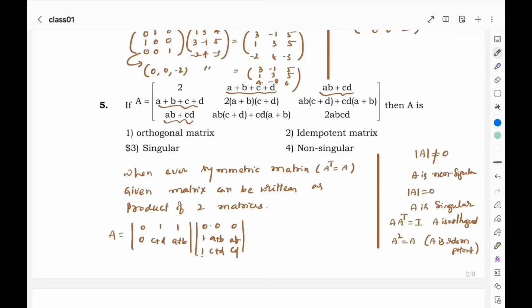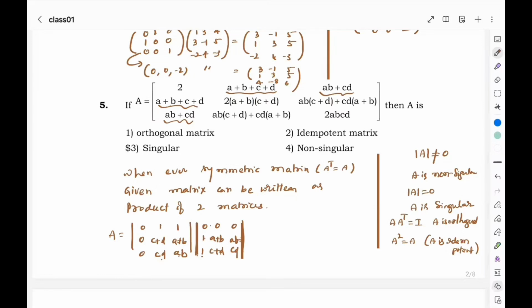C plus D into A plus B, A plus B into C plus D. Twice I get C plus D into AB, A plus B into CD. Here also I can write AB into C plus D. If I write AB here, CD here, CD into A plus B, AB into C plus D, ABCD. So this is a symmetric matrix which can be written as a product of two matrices.